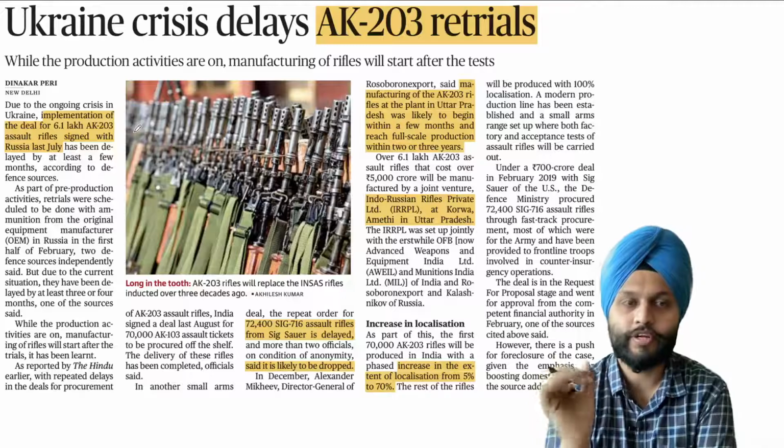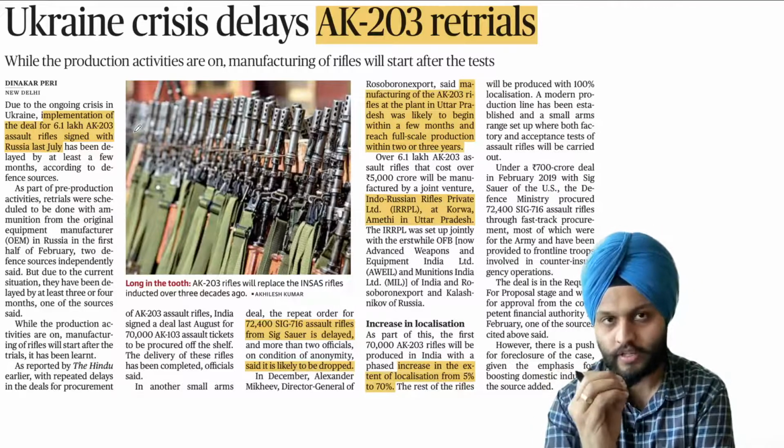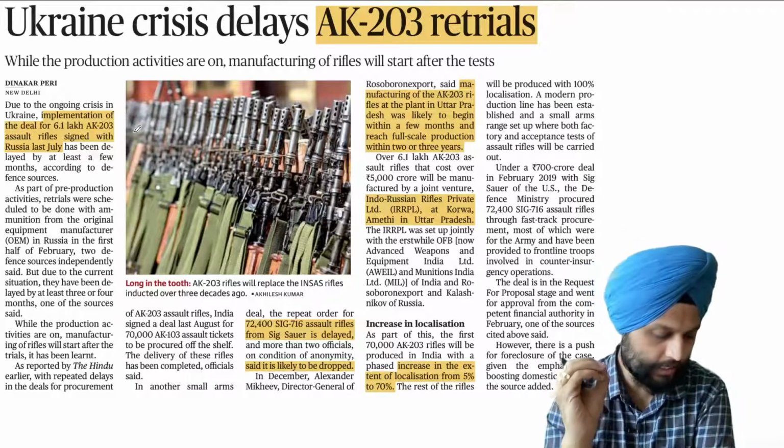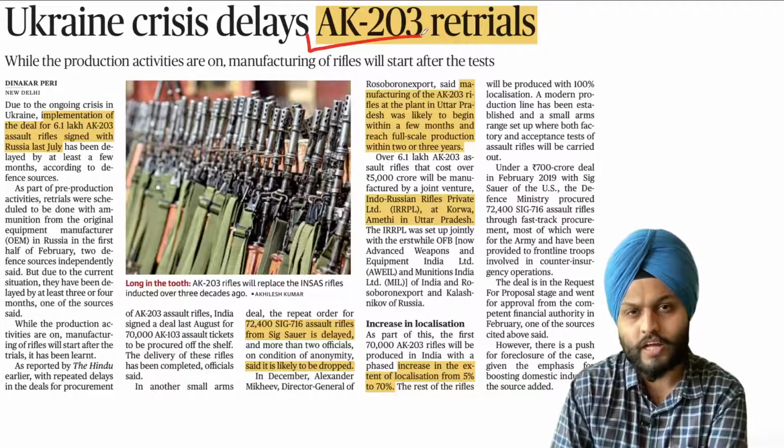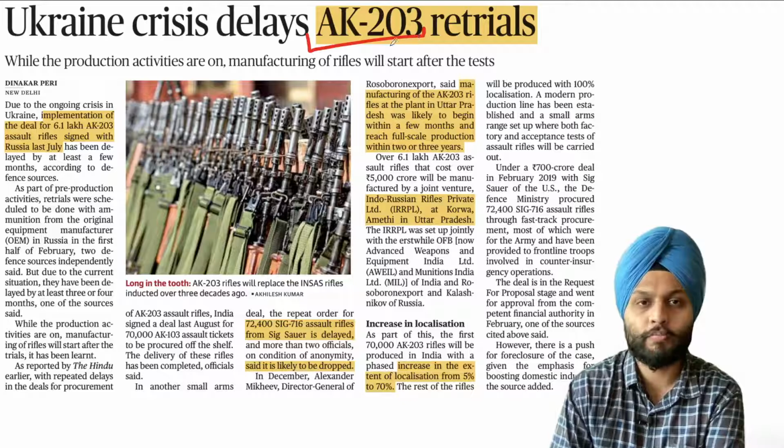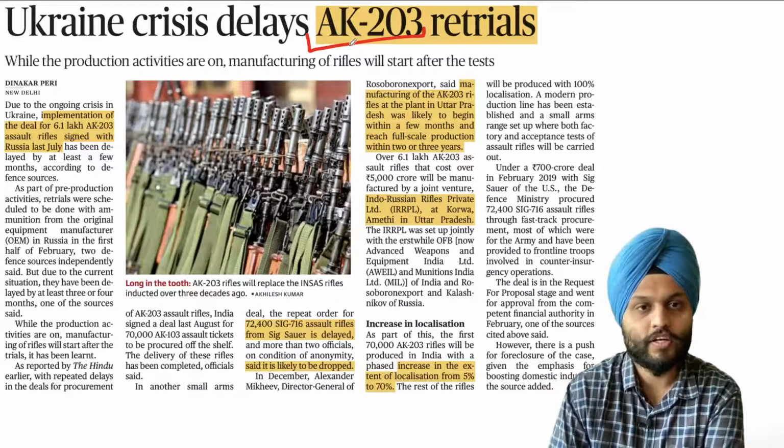Now, again, coming to defense, Ukraine crisis delays AK-203 retrials. So, actually, I was watching a movie also based on this, the founder of this weapon, AK-47, right?